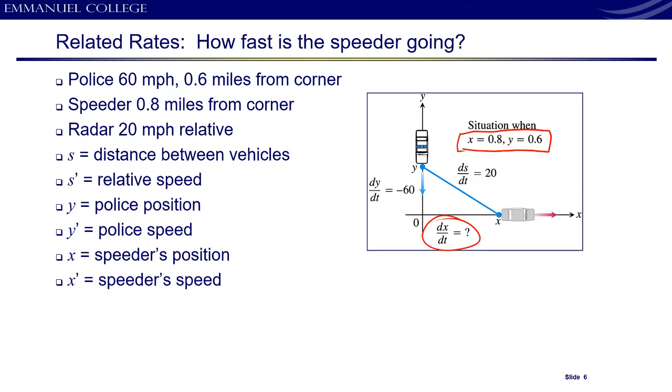The Y is 0.6 because we said they're 0.6 from the corner. So this distance here is 0.6, and similarly, this distance is 0.8. Now, if I could draw a straight line, that would make it a little bit nicer.